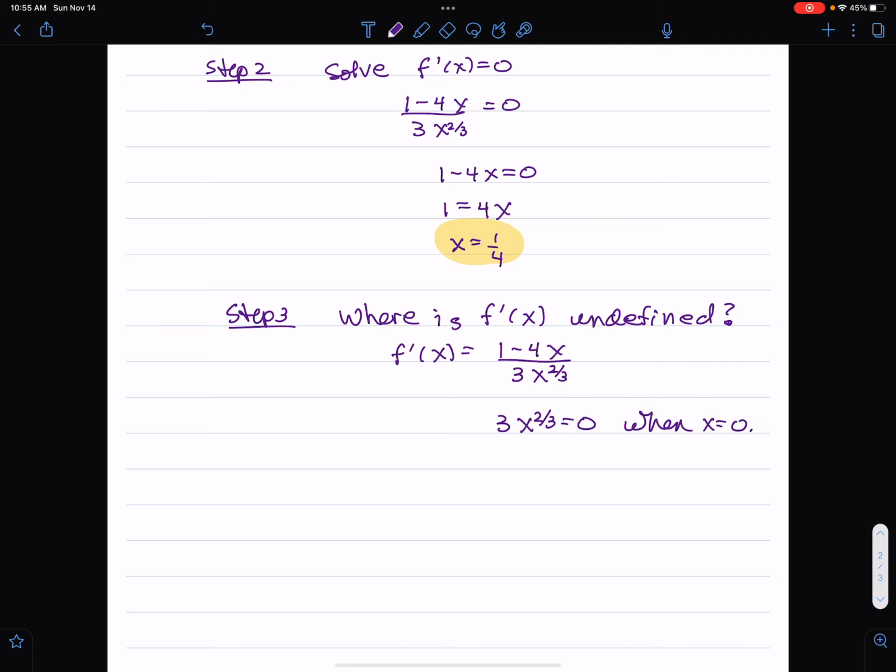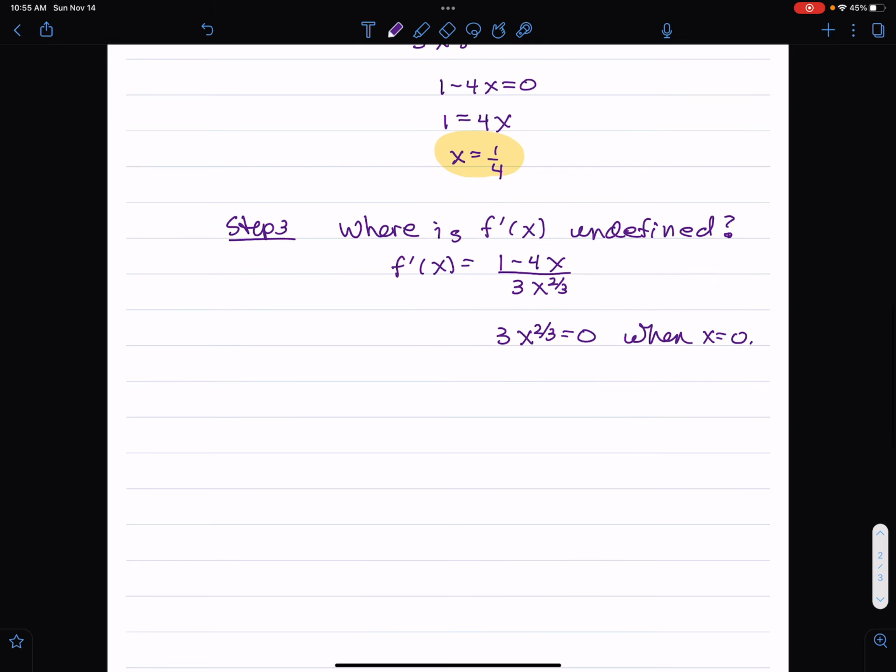Because putting x equals 0 in the denominator gives 0 in the denominator, that fractional expression is undefined there. You can't have 0 in the denominator of a fraction. It's undefined.